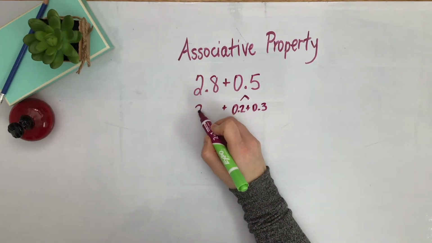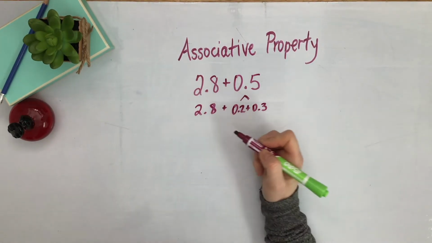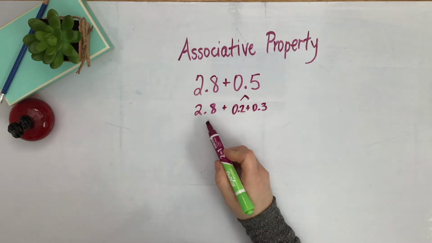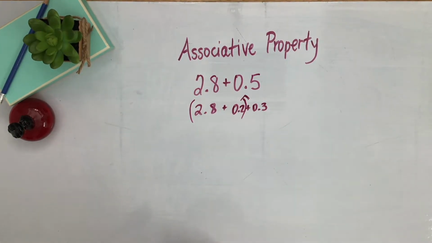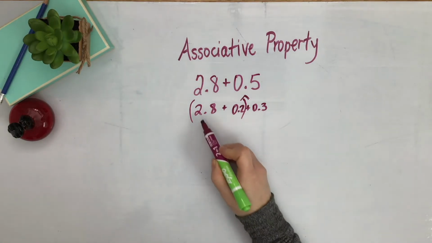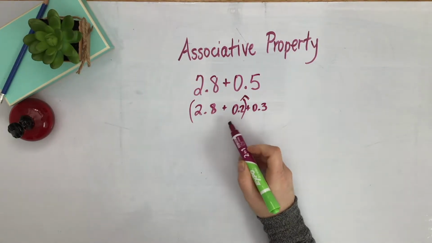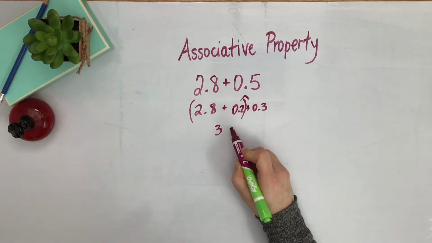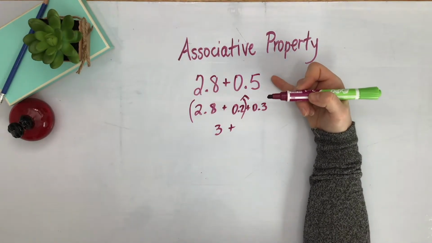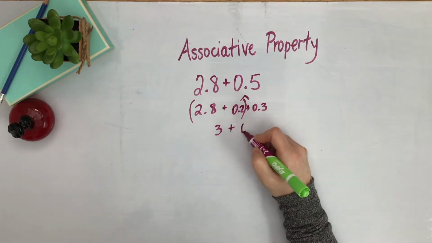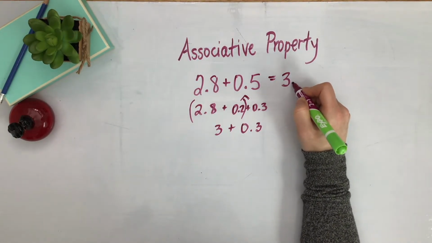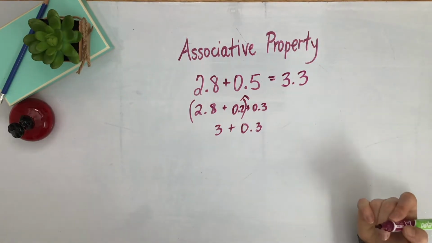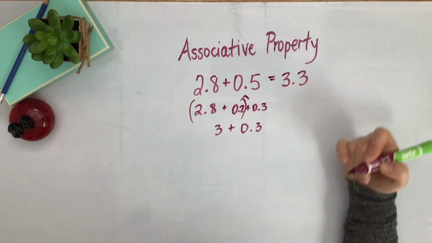So if I use that idea when I'm adding it to 2 and 8/10, I've automatically made a friendly number, because 2 and 8/10 plus 2 more tenths gives me 3. And if I can rethink this question in my head as 3 plus 3 more tenths, it's going to give me my answer, hopefully more quickly than if you were to just try to do this in your head another way.